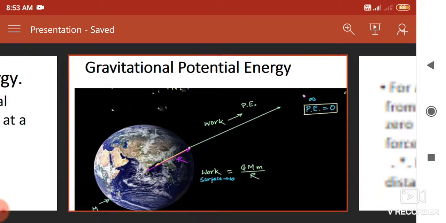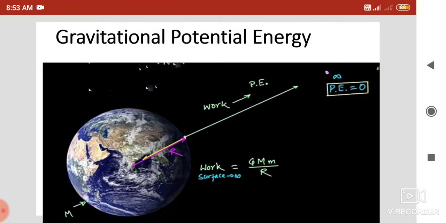Now let us see about gravitational potential energy. In the figure you can see the object is kept on the surface of the earth. Now we have to take this object away from the surface of the earth, to where the gravitational force is not there, so that at that place no gravitational force acts on it.